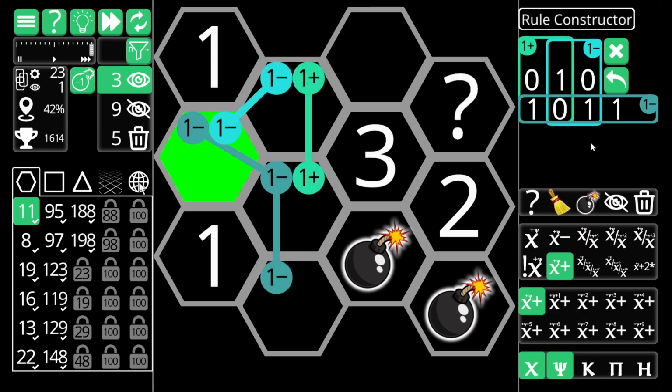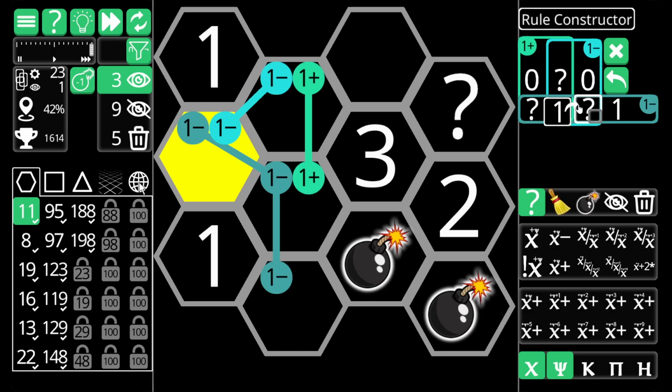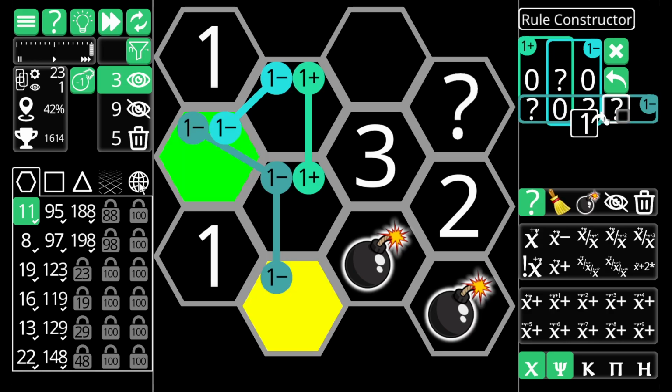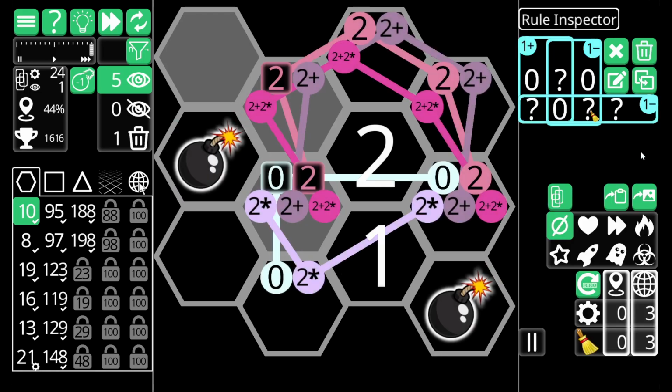Let's just write it as is, shall we? Don't care about the size of any of these regions. But you can't put a mine where the minuses intersect and the plus doesn't.